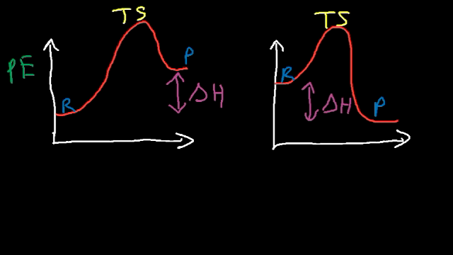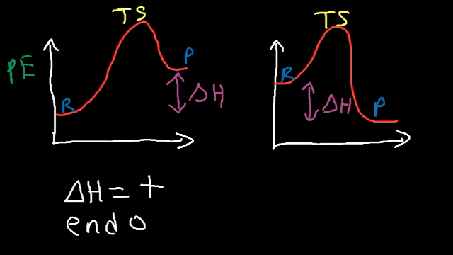So as you go from left to right, notice the enthalpy change is positive, because as you go from the reactants to the products, the potential energy increases. So whenever delta H is positive, you have an endothermic reaction. Because the products are higher in energy than the reactants, the products gain energy, they absorbed it. And so it's endothermic. Whenever you absorb heat energy, it's endothermic.